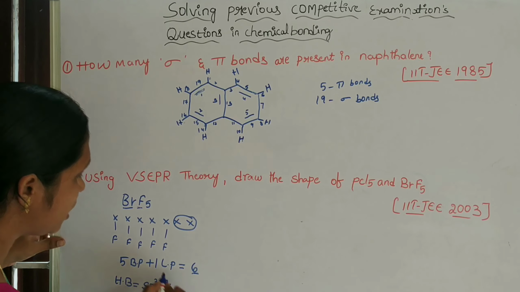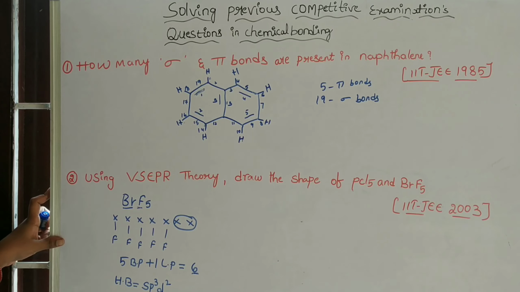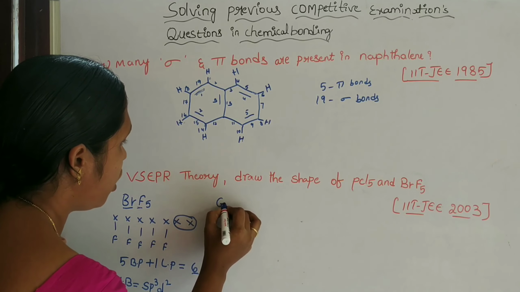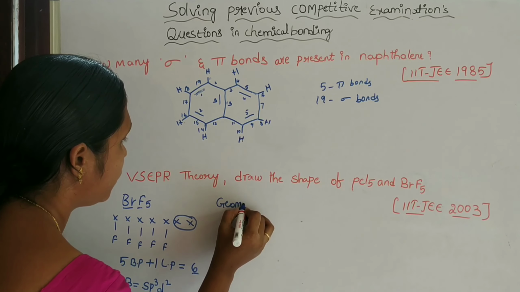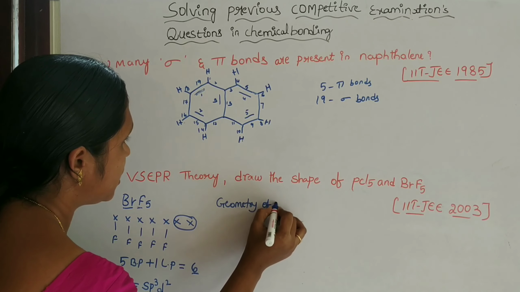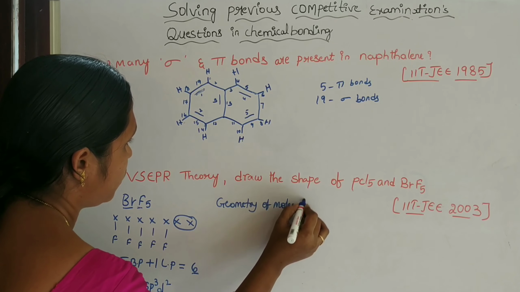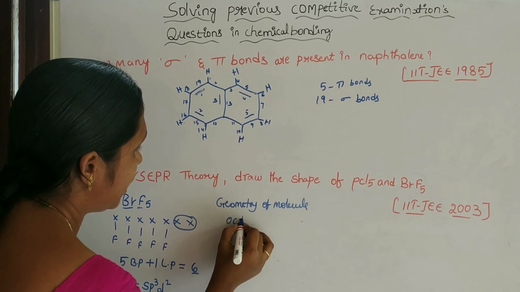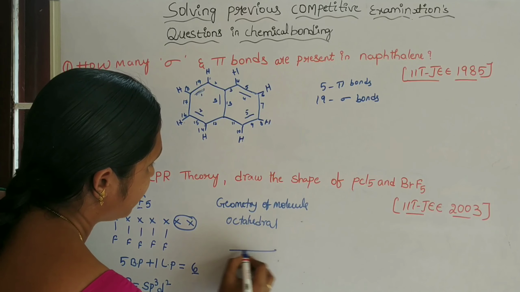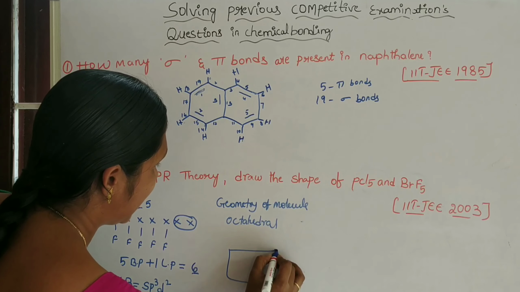Okay, 6 pairs of electrons means the hybridization is sp3d2. So sp3d2 means the geometry of the molecule is octahedral. Octahedral means the geometry is like this.